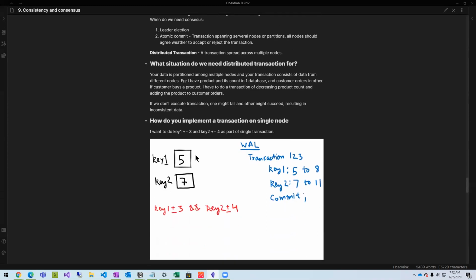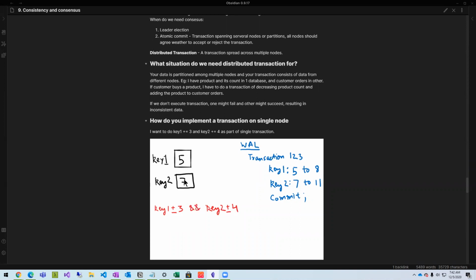Let's take this example: we have key 1 as 5 and key 2 as 7. In my transaction, I'm saying that key 1 should be incremented by 3 and key 2 should be incremented by 4. So basically this should become 8, and this should become 11.